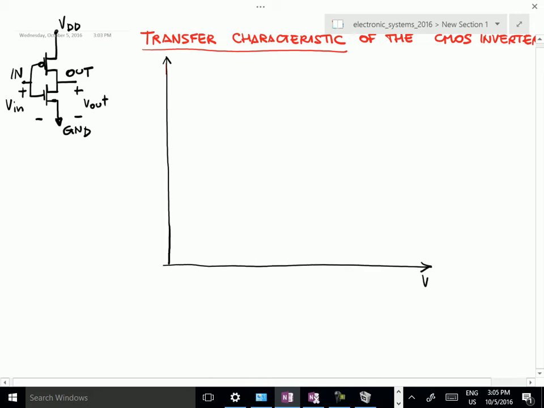So we have V in on the x-axis, V out on the y-axis, and then of course we need to plot V out as a function of V in. V in can go from 0, which is the lowest voltage, the ground, to the supply voltage VDD. And as you will see, basically the output voltage will also go from 0 to VDD.